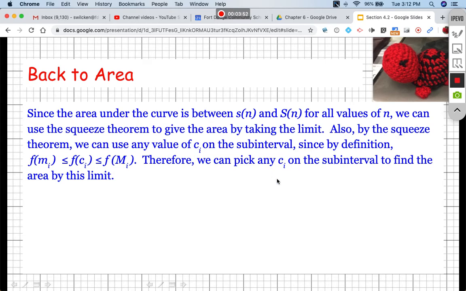So the idea is I can pick a c sub i. I can pick a point that's the easiest for me to work with. I don't even have to know what the minimum value is on that interval or the maximum value on the interval. I just need a point on that interval. And this limit process is going to squeeze between those two, and it will give us the same answer I want.